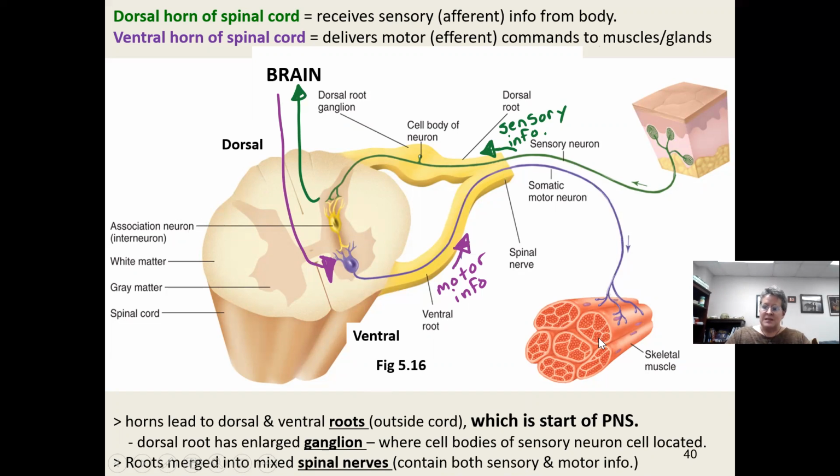So motor commands descend the brain and spinal cord and leave the spinal cord on the ventral side. Sensory information ascends, comes into the spinal cord to the dorsal region and ascends to an upper region of the brain to be interpreted. So information's always going either way.